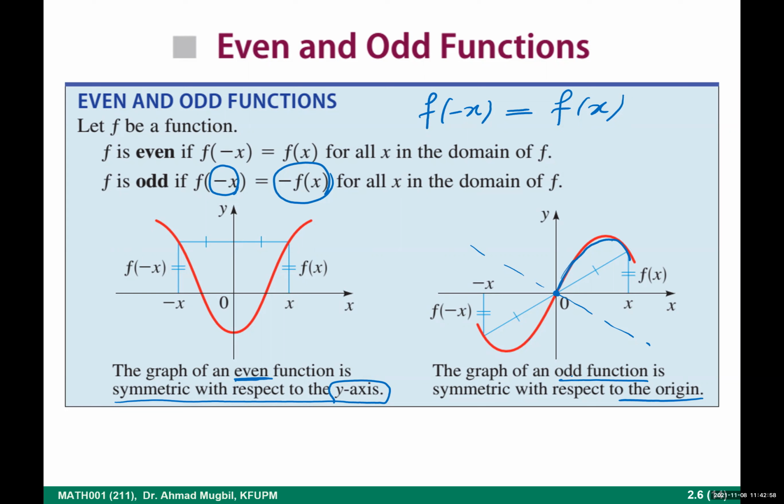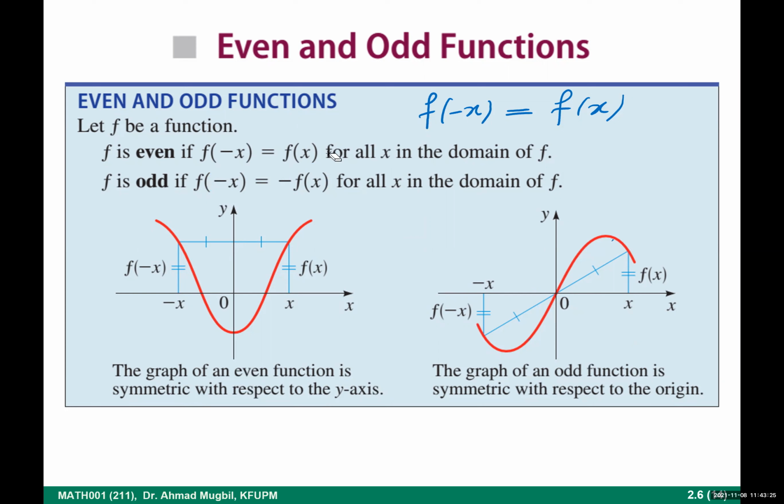So if it is symmetric about the x-axis like this, the part here is the same as the part here. So this is not a function by the vertical line test. There is no function symmetric about the x-axis.